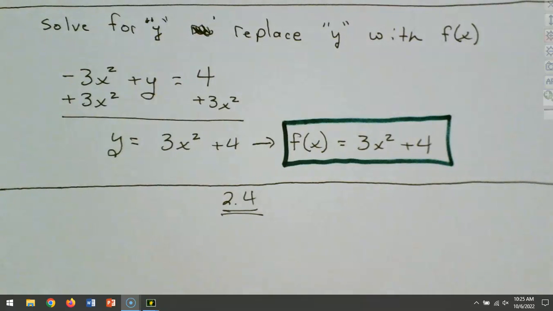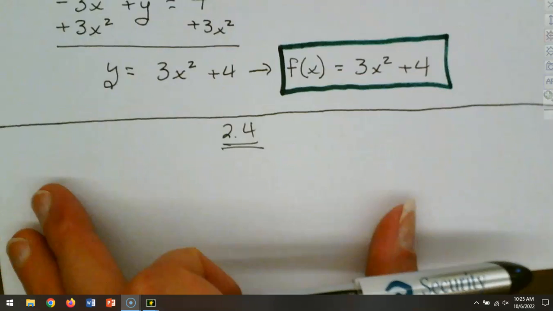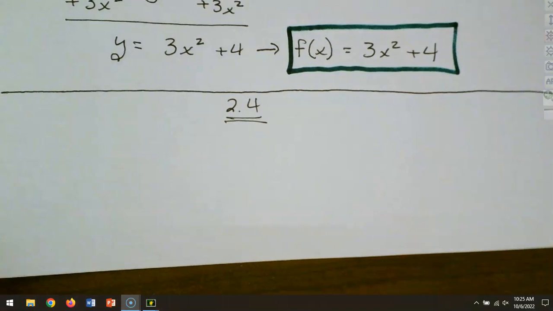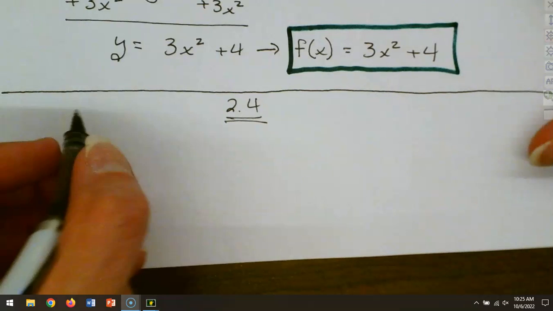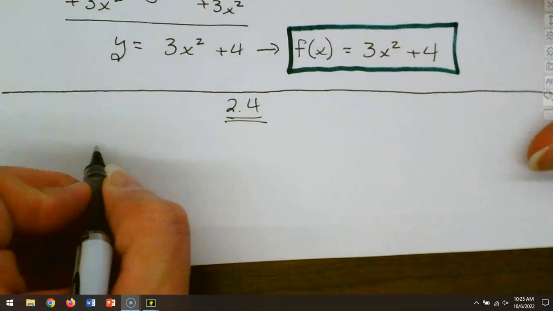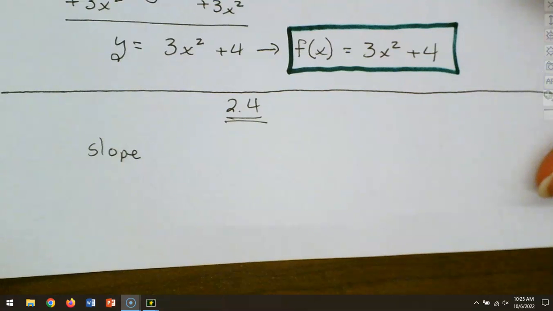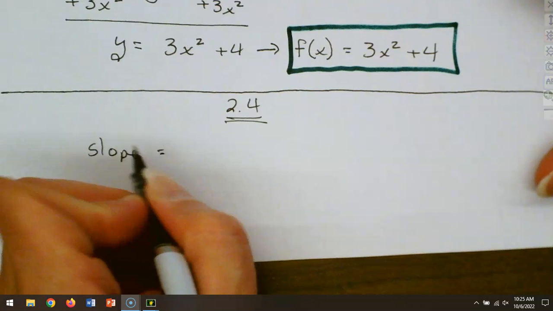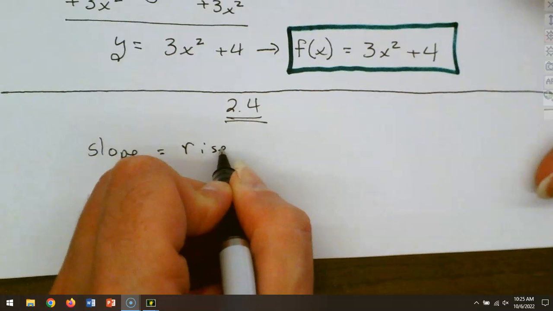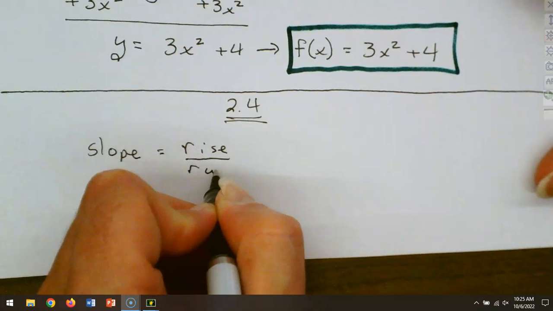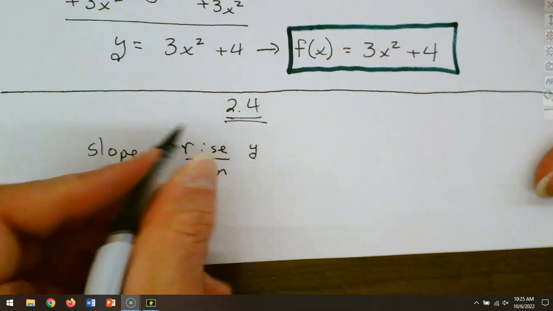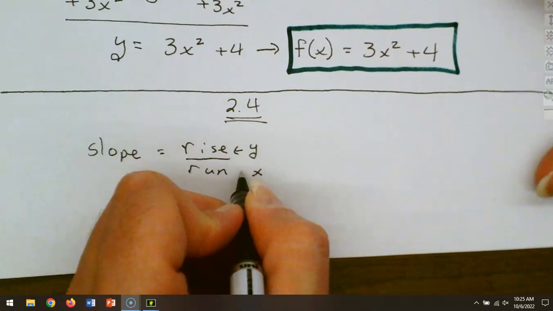But a lot of times I see students way overcomplicating questions. So now let's move on to 2.4. And 2.4 is another section that I'm sure you're familiar with. And 2.4 is the slope. The slope of a line. And your slope is defined as your rise over your run. Okay?